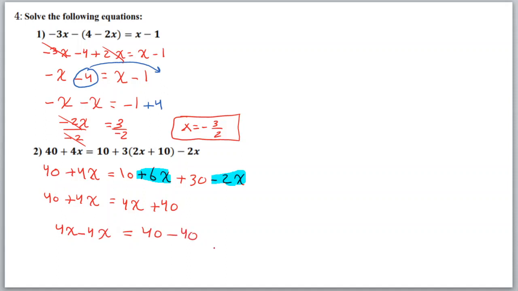Okay, so here what did I do? I took 40 to the other side and I took 4x to the left side. Okay, so we got this, and then we observe here that 4x minus 4x is 0, 40 minus 40 is 0.